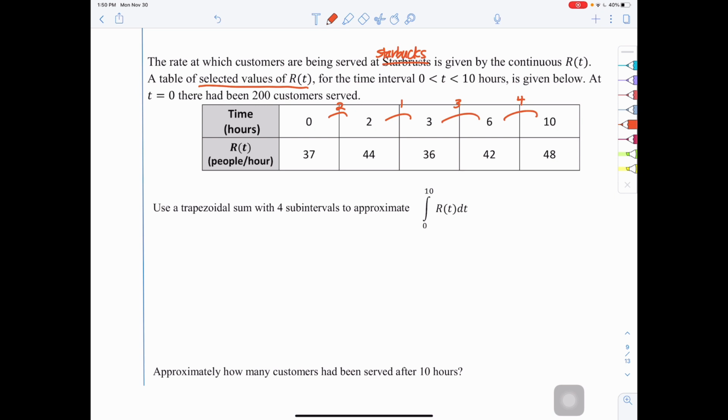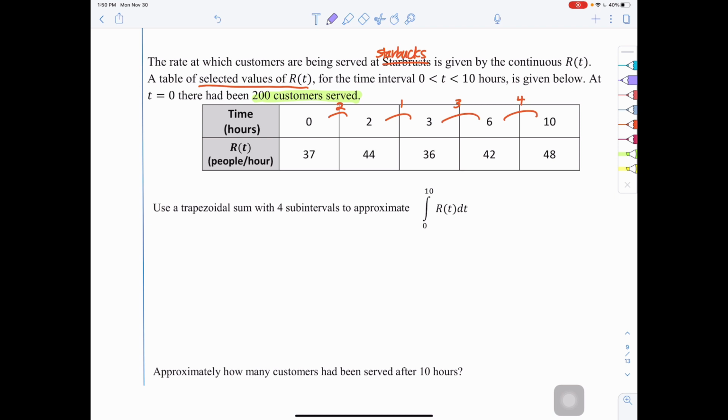At t equal to 0, and this is important, they already had 200 customers served. So that's going to come in handy if we look at the accumulation and want to know how many customers are served when we're finished, which is the second question down here. Okay, so let's go to the first question.